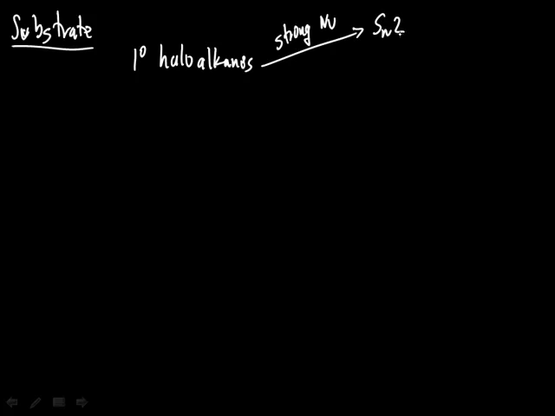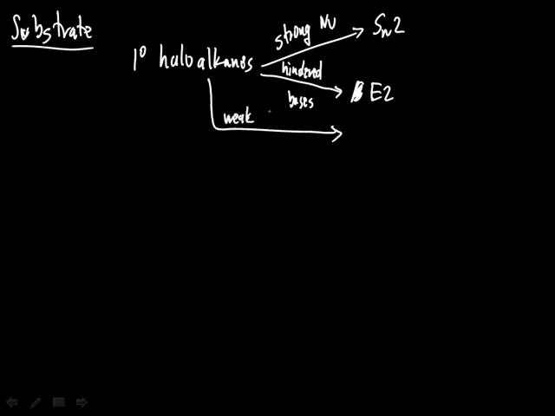This is pretty typical. If we expose them to hindered bases, we will get E2 reaction. And finally, if we expose them to weak nucleophiles, we will get no reaction. In other words, whatever we do, we cannot get primary haloalkanes to undergo either E1 or SN1 reaction.